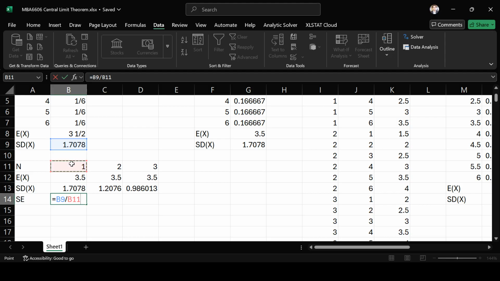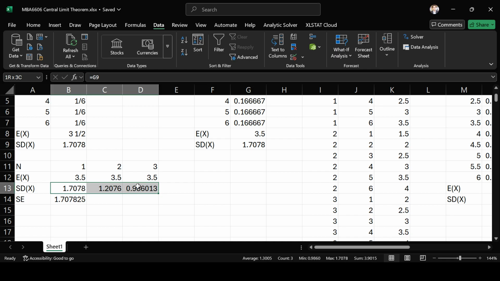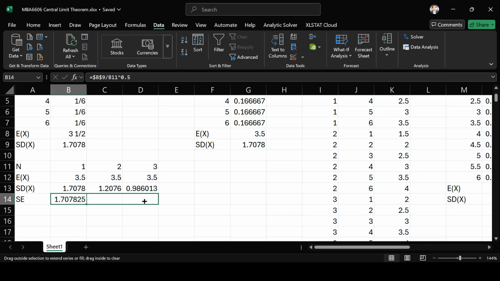So we will just point it to root, powered with 0.5, and we don't want this reference to change. This is the empirically calculated standard deviation, and this is the standard error we are calculating using sigma by root n. And we see that in any which way we calculate it, the values are exactly the same.